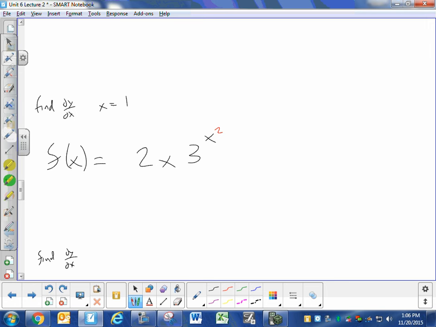Sometimes you won't be asked to find the derivative at a point, but sometimes it's easier for simplification's sake to have a point to plug in so that you can see if your answer is right or not. That's fine.